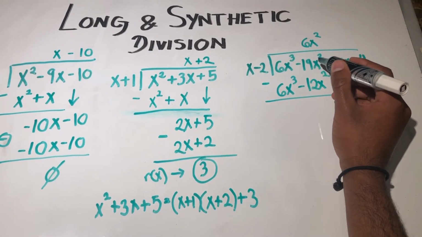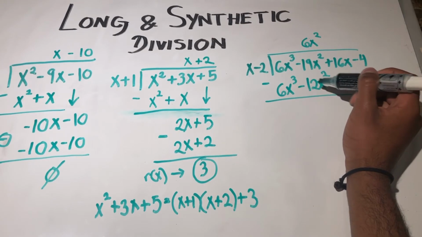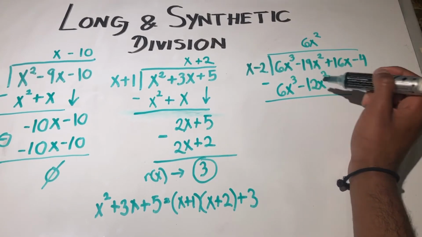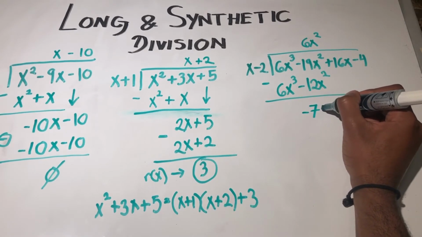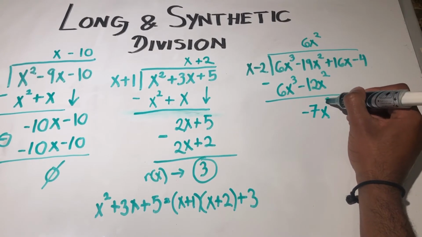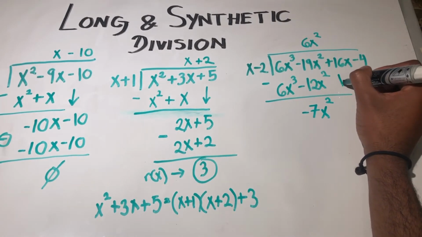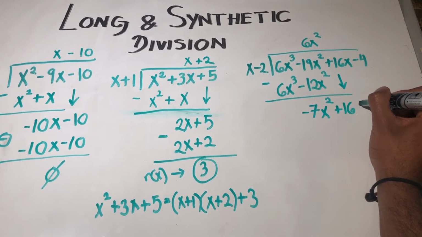Negative 19x squared minus negative 12x squared, so negative 19x squared plus 12x squared, that's going to give us negative 7x squared. And then we're going to bring down the next term, which is positive 16x.